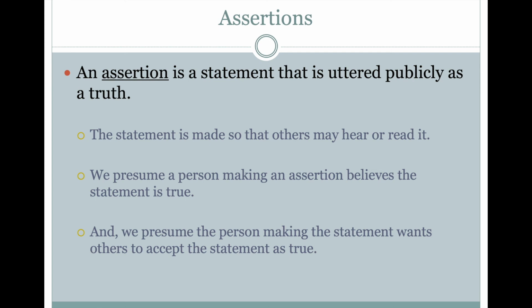It may turn out that what they assert, in fact, is not true. They could be mistaken, right? But when a person makes an assertion, that is, when they make a statement publicly, they utter it as a truth claim, we presume that they believe it's true and that they want us to believe it as true as well.